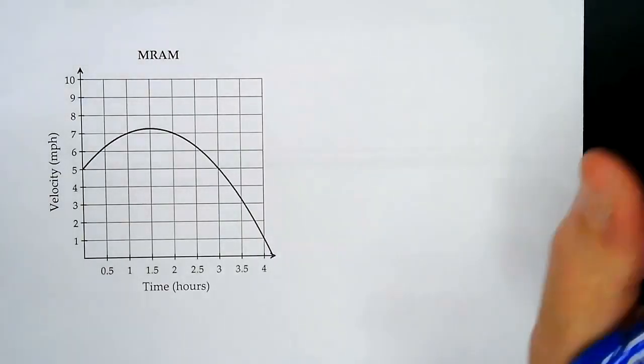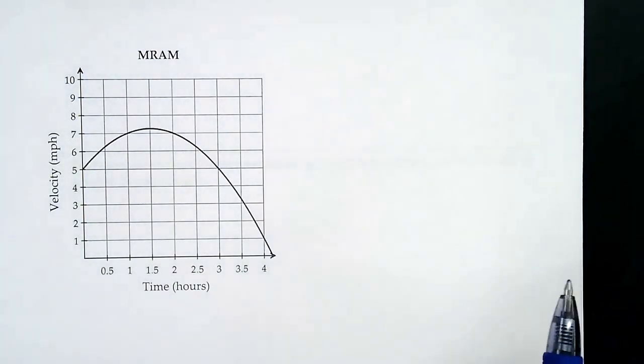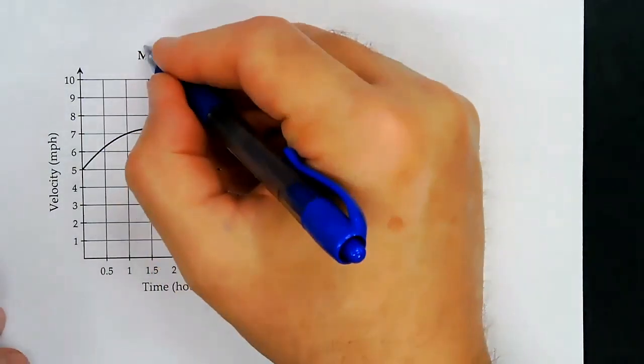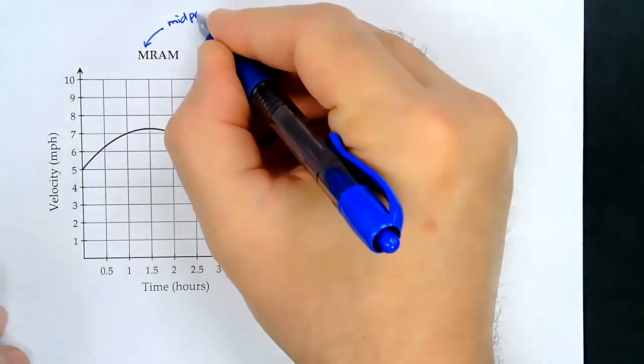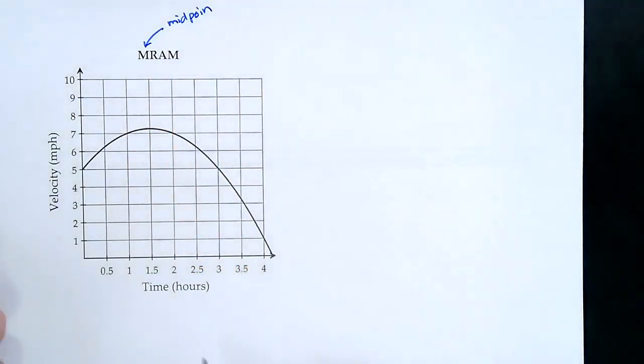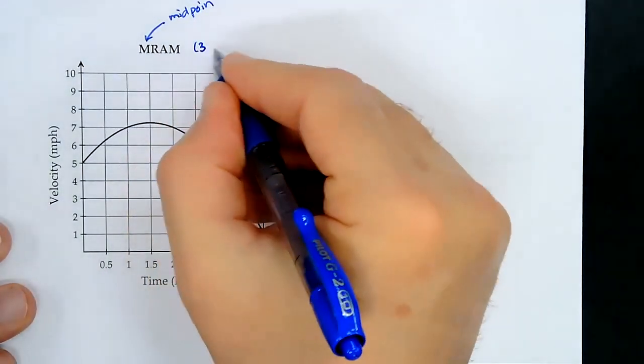And the last one we're going to do is MRAM. MRAM stands for midpoint rectangular approximation method. I almost forgot there. What does the M stand for? It's midpoint. So we're still going to go from 0 to 3, and we still want to do 3 partitions.